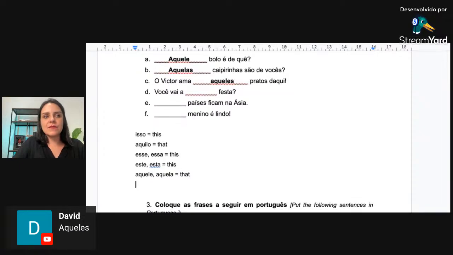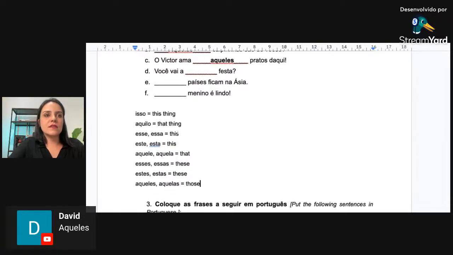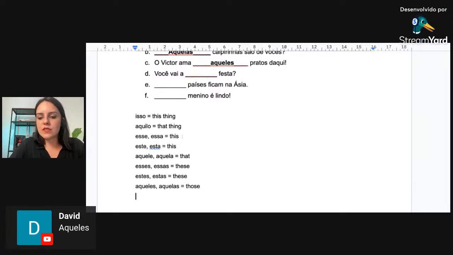And aqui it's going to be this thing, that thing. Aquele, aquela, and then the plural forms. Esses, essas, these; estes, estas, these too; aqueles, aquelas, those. Just in case you couldn't still translate it, okay? It's nice to know how to translate things.